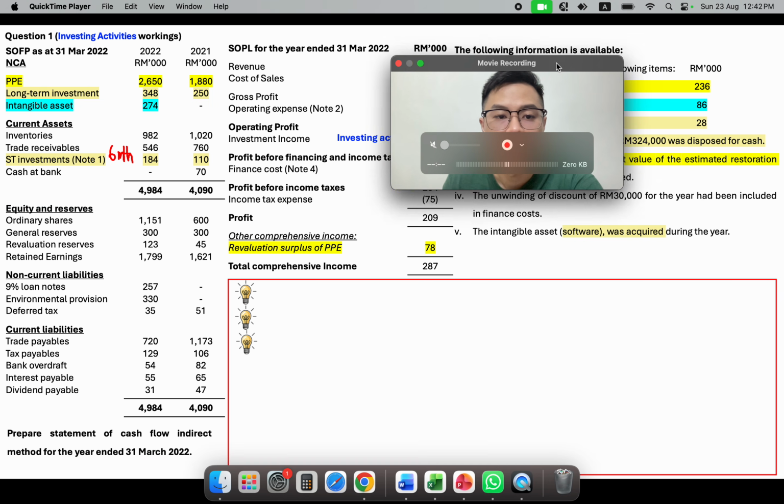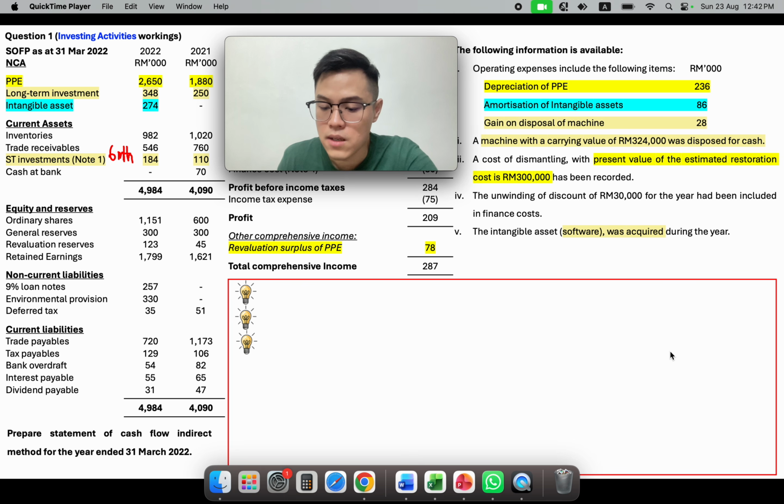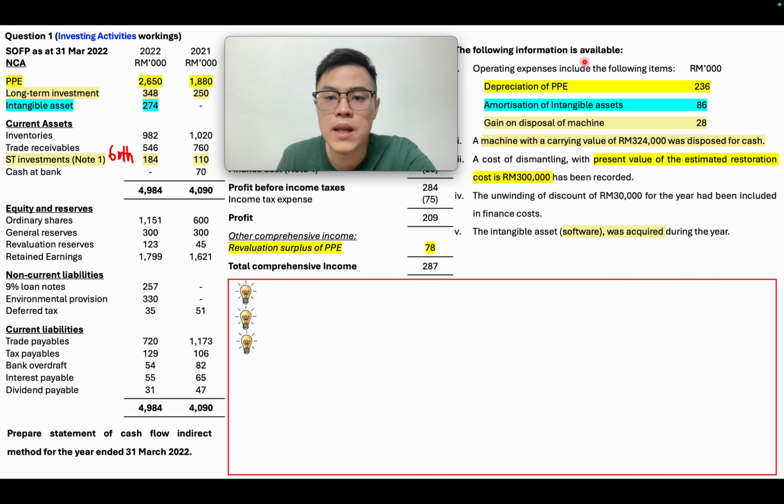So with that, let us start with a simple one. Before that, the question also tells you got depreciation, amortization, gain on disposal, and a machine with a carrying value, which is the net book value, of 324, you dispose for cash and you make a gain of 28. So you need to calculate how much is the proceed of disposal. And you got a cost of dismantling. So this one goes back to your IAS 16.